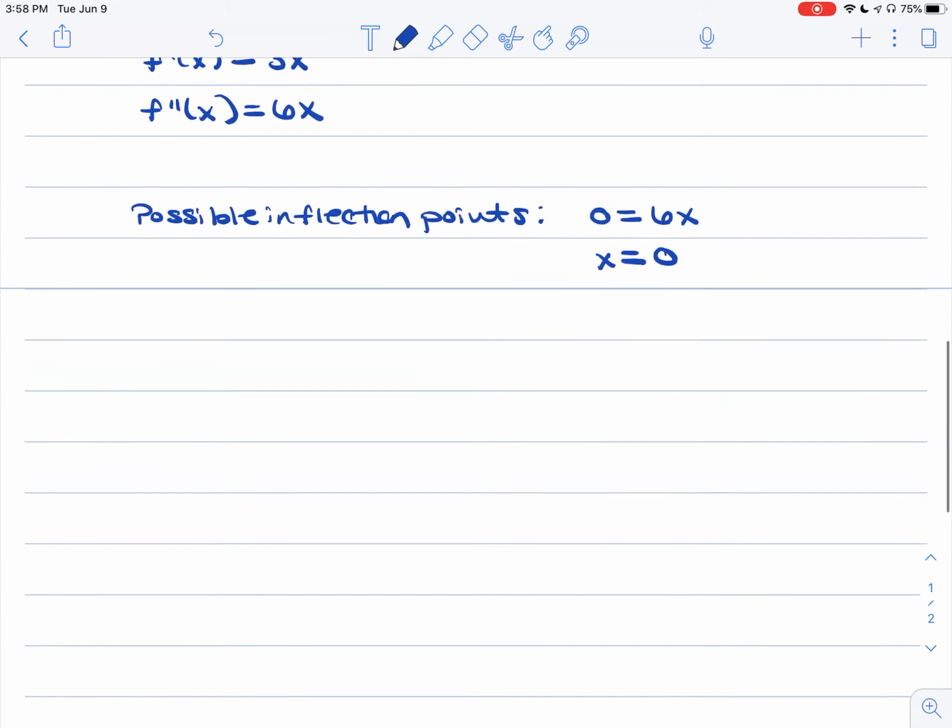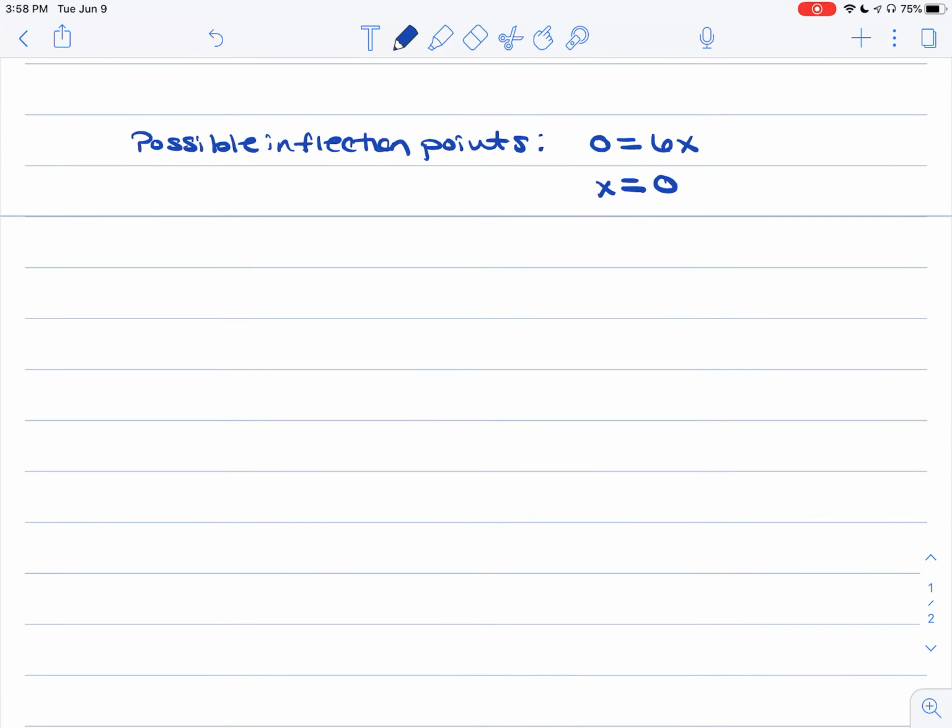Okay. All right, so now to figure out A, if this is an inflection point, and then B, where it's concave up and where it's concave down, we're going to make a number line just like we did with our first derivative test. I'm going to make a little number line here, and I'm going to put 0, which is our possible inflection point, on that number line.